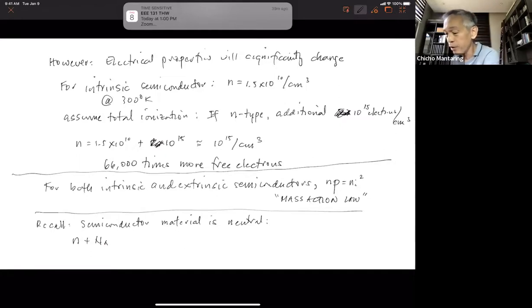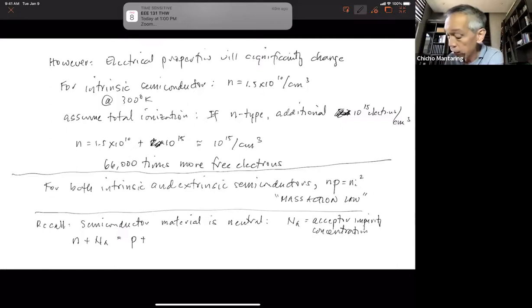By the way, I forgot to define it, I'll define it later on. Na is your acceptor impurity concentration. So this is the amount of negative charge. On the other hand, P is your number of holes.